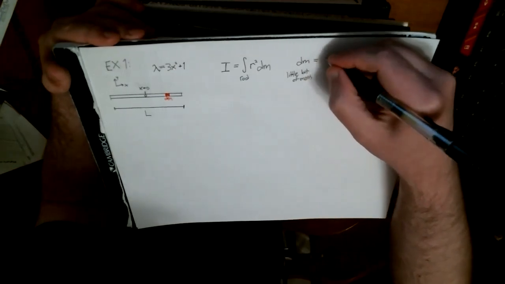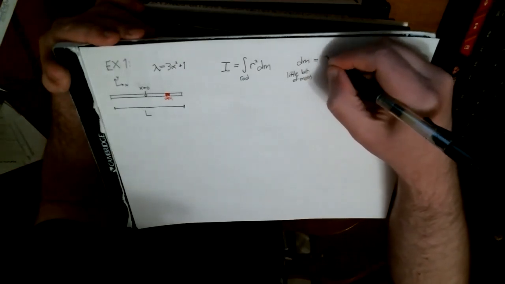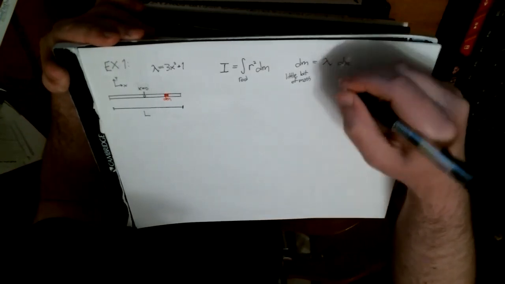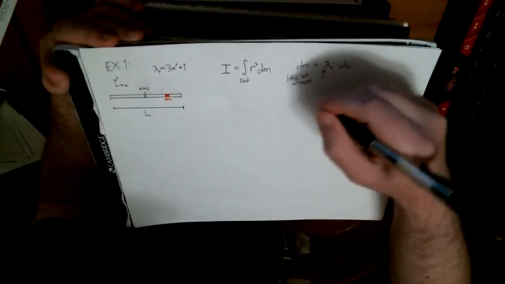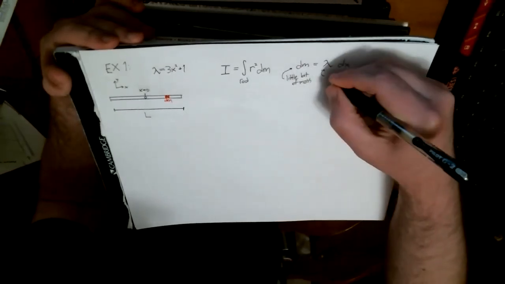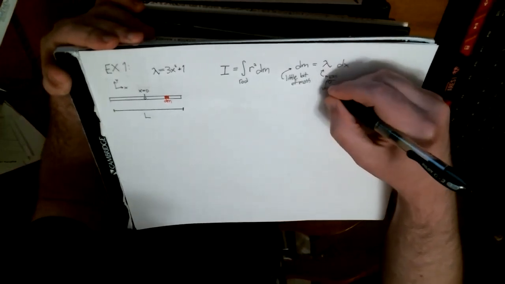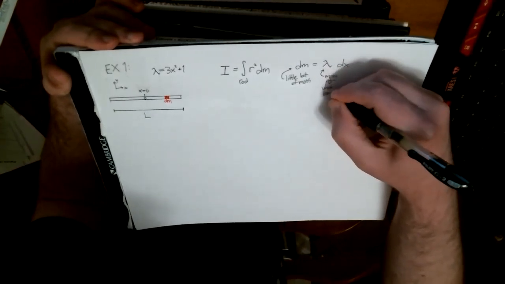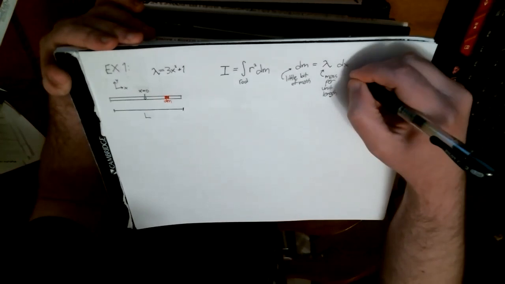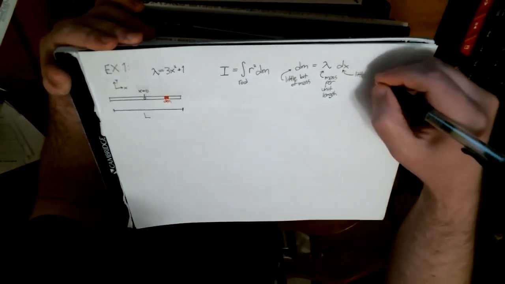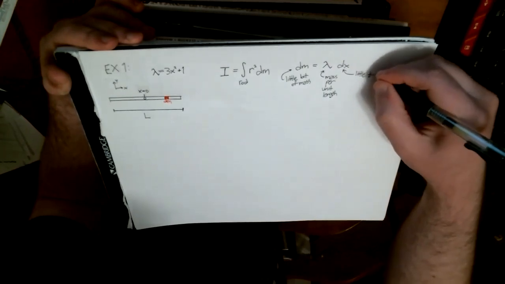So there's our little bit of mass, and we want to write this in terms of a spatial element. So for that, we say that dm is equal to lambda times dx, where this lambda is our mass per unit length, and dx is a little tiny bit of length.